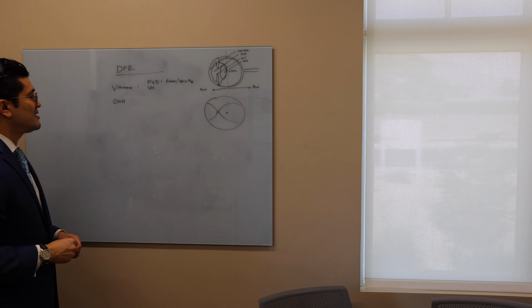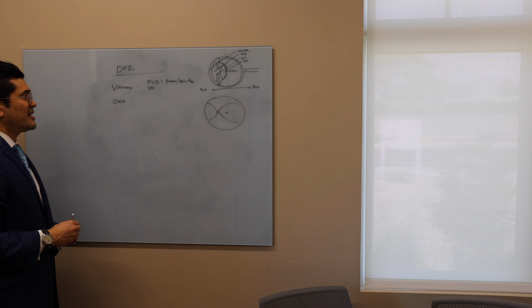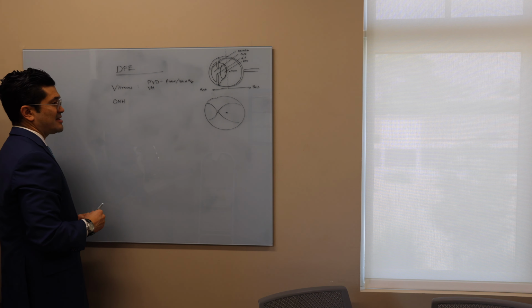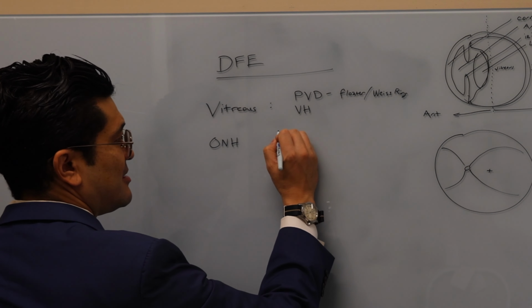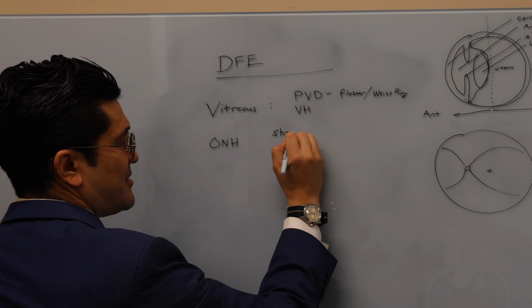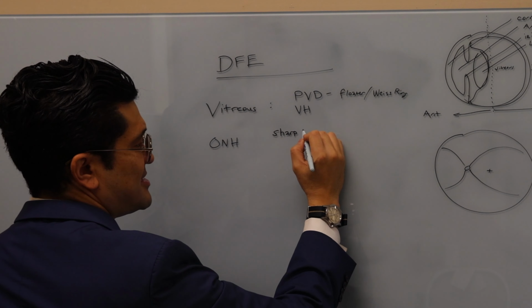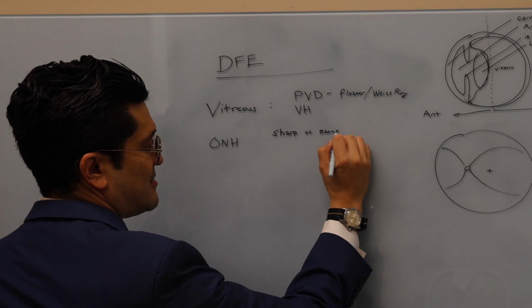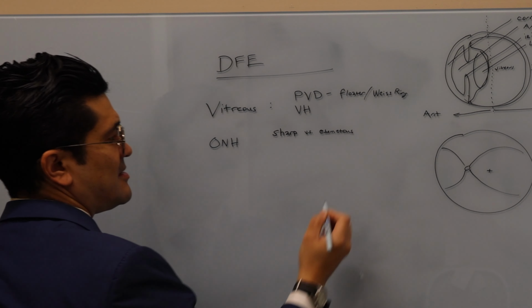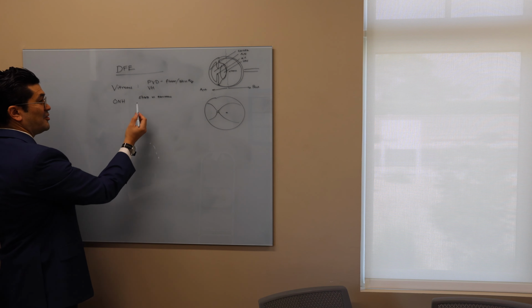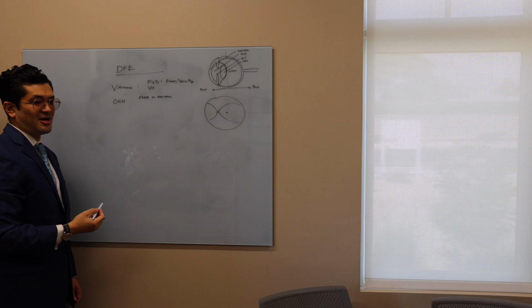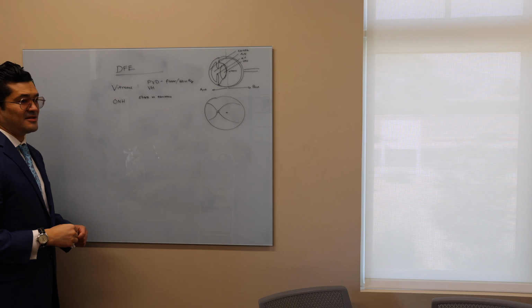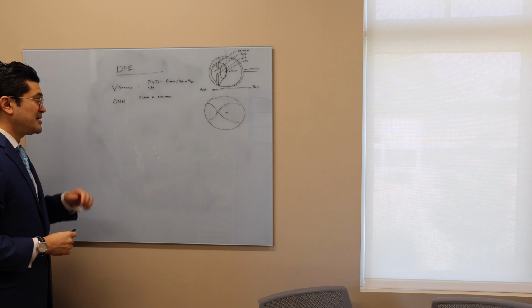For the nerve, the first thing we look at is what it looks like, and that means is it sharp or is it edematous? Hopefully it's sharp. If it's swollen, then that's a problem. That means they have an optic neuropathy or some type of issue happening there.